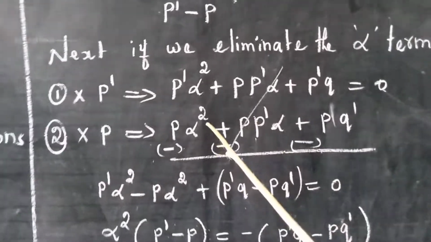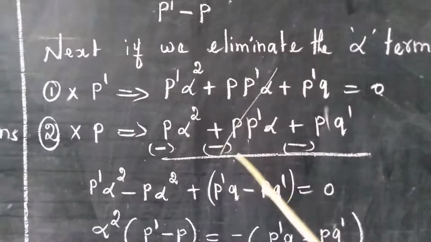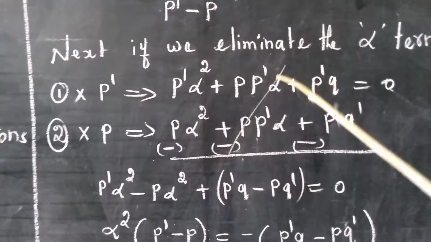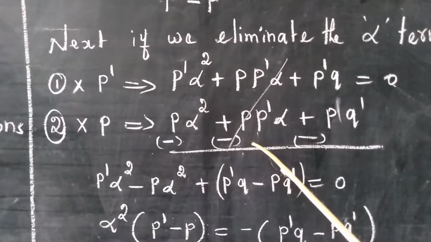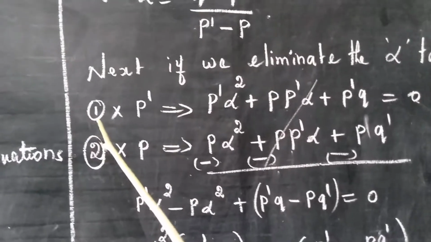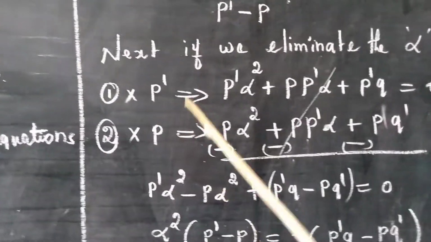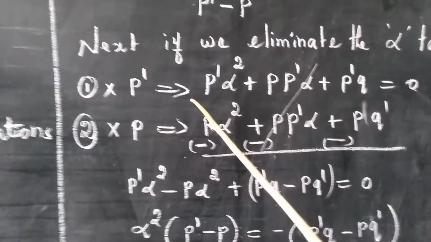Previously we eliminated the alpha square term. To eliminate the alpha term, we have to make the coefficients same. So we multiply the first equation by p' and the second equation by p.